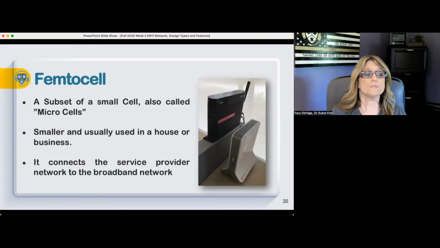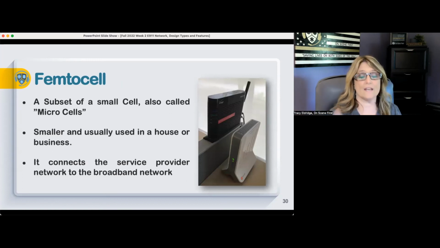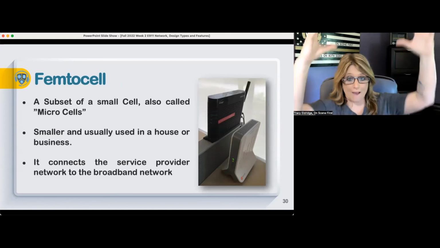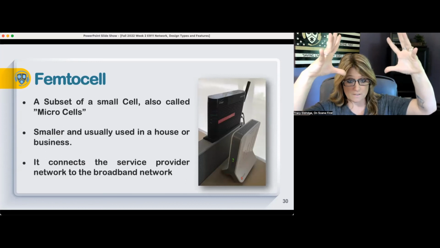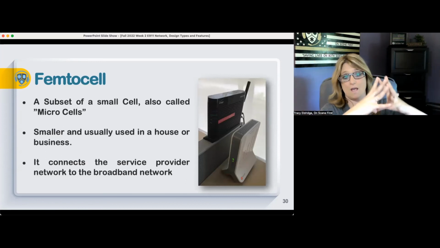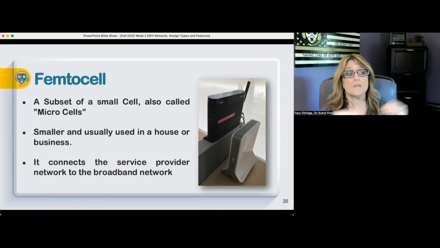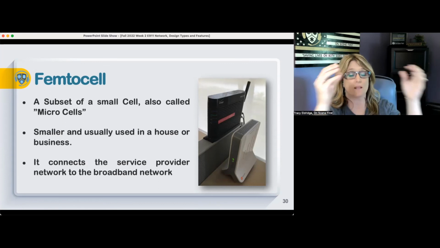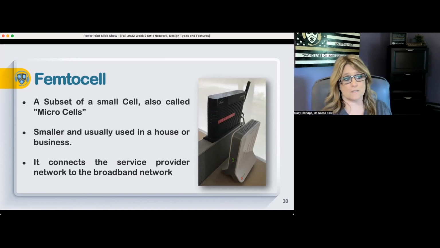This is a subset of the small cell, and it's also called a microcell. So you have the macro cell, the really big ones, and then the smaller cells, which are called small cells, and then you have femtocells or microcells that are much smaller, and you can see them here.